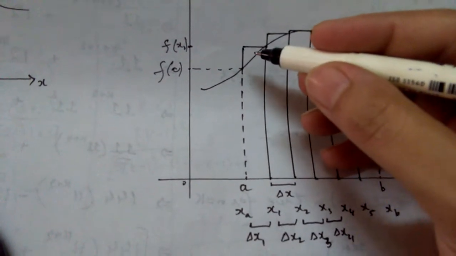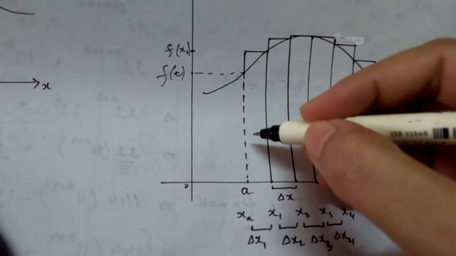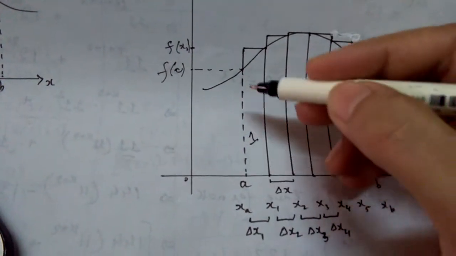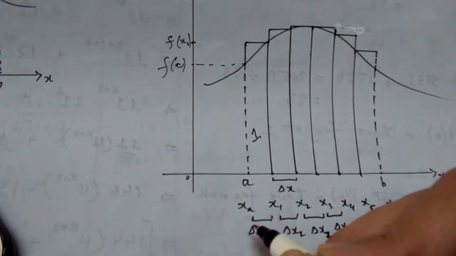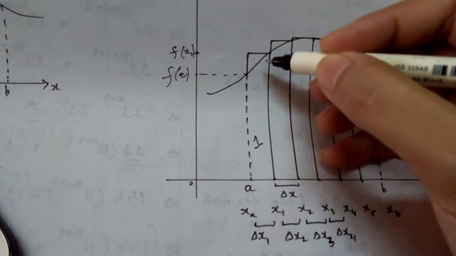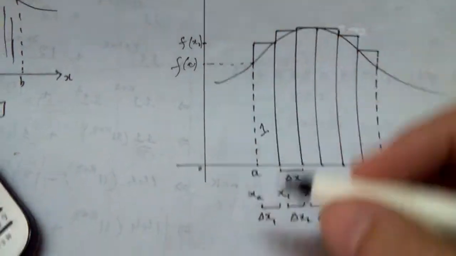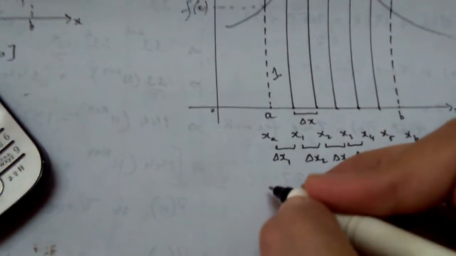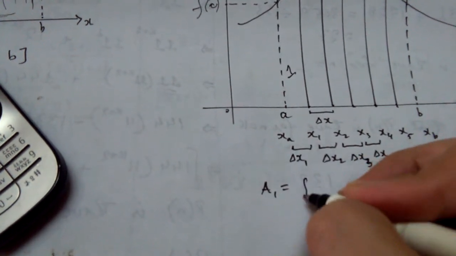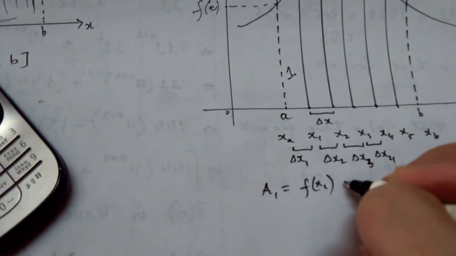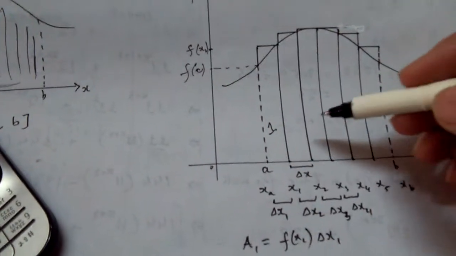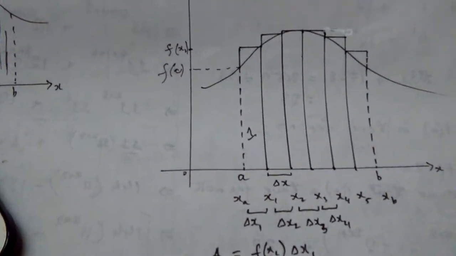The area of this first rectangle, let us name it rectangle number 1, is the product of its width del x1 and its height, which is f of x1. Let me name the area of my first rectangle A1. It is the product of the height f of x1 and the width del x1. Like that, you can keep on calculating the area of all the remaining rectangles.